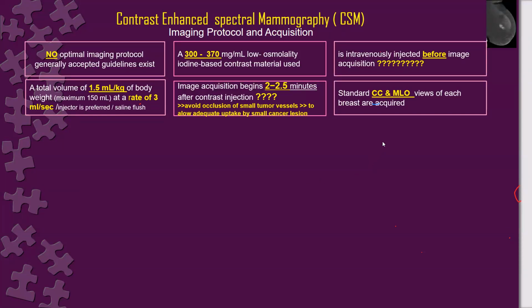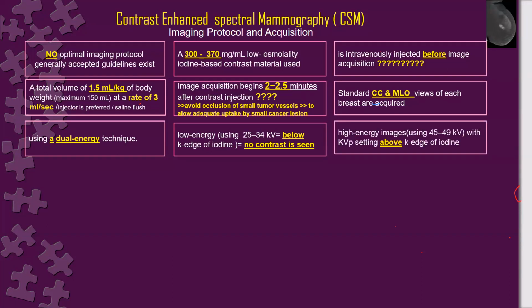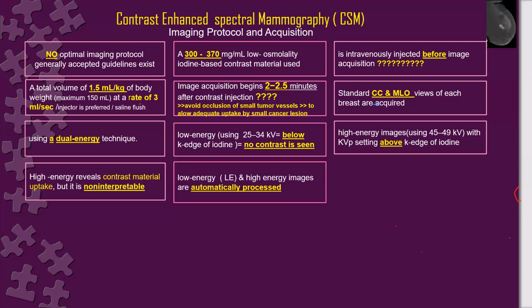So we do standard CC and MLO of each breast as a dual energy technique. Low energy, as you know, is between 25 to 34 kVp, below the K edge of iodine, so in the low energy image no contrast is seen. The high energy image, usually 45 to 49 kVp, is above the K edge of iodine and will reveal contrast, but it is non-interpretable.